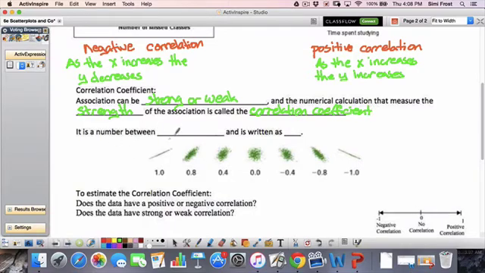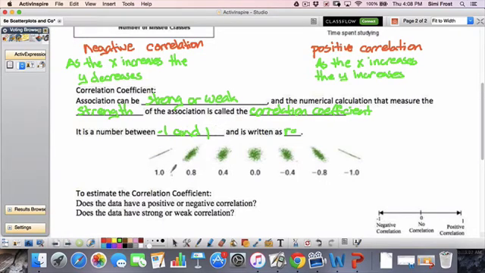So this number, the correlation coefficient, is always a number between -1 and 1, and is written as R equals. Okay, so if I'm going to write the correlation coefficient for the scatter plots below, I'm going to write R equals, and then it's going to be a number between -1 and 1.